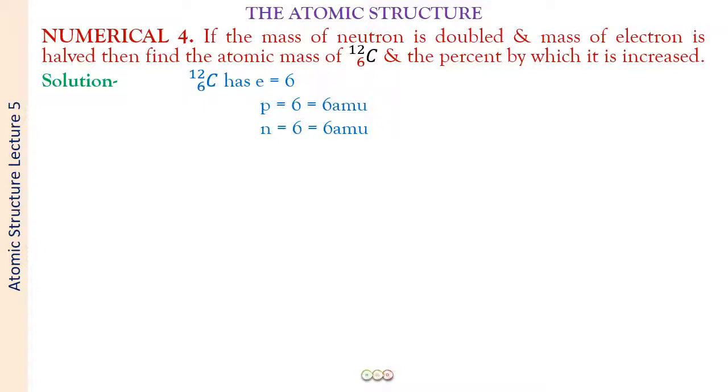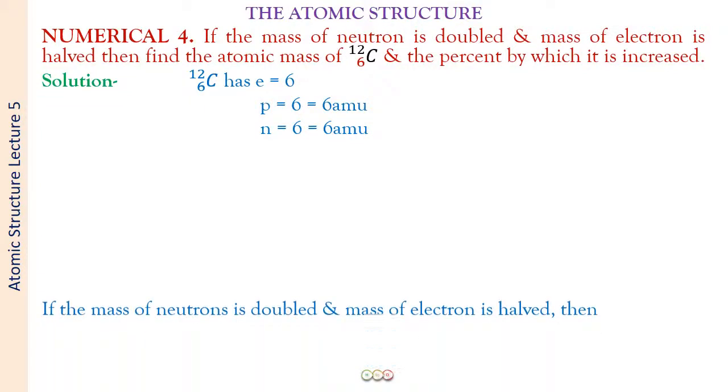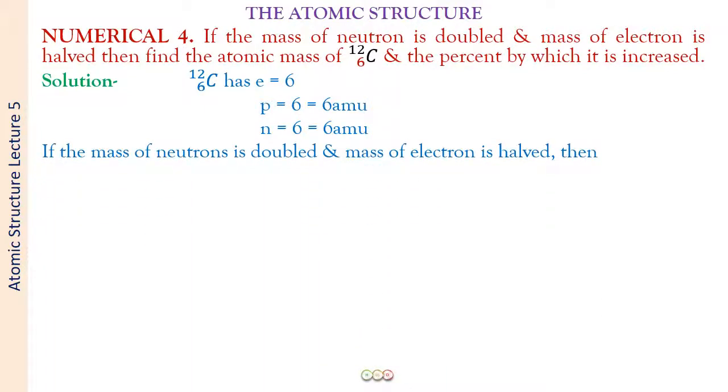So the 12 mass number is going to give 6 AMU protons and 6 AMU neutrons. And now we have in the question that the mass of the neutrons is doubled and mass of electrons is halved. So we have the mass of neutrons to be 6 into 2, that is 12 AMU. But the mass of protons, nothing has been done to it, so the mass of protons is going to remain 6 AMU.